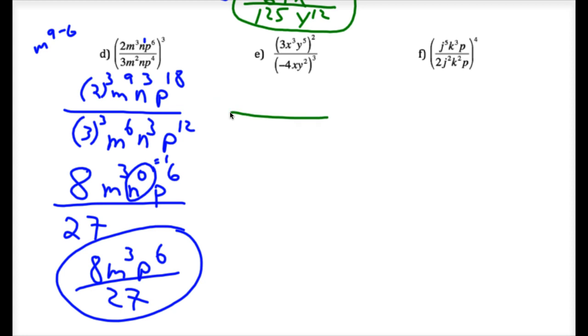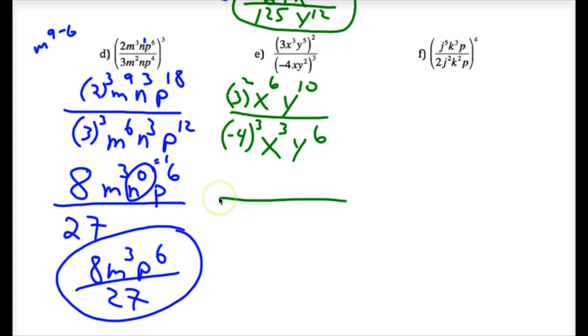Okay. Go ahead, McNulty. So it'd be parentheses 3 to the second, x to the 6th, y to the 10th, all over parentheses -4 to the 3rd, x cubed, y to the 6th. Nice. And then we subtract the exponents. Deal with your numbers too.